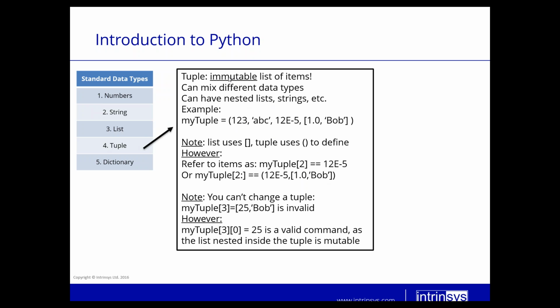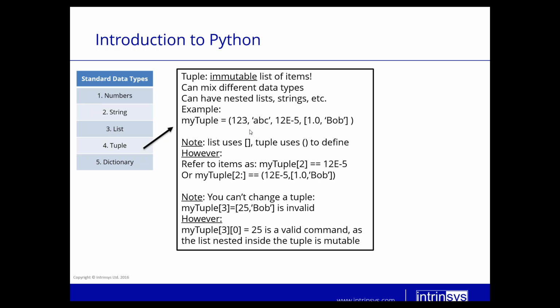What is a tuple? Tuple is an immutable list. So again, I cannot change its individual components. All I can do is I can create a new tuple and name it the exact same way as before, and obviously with new elements.